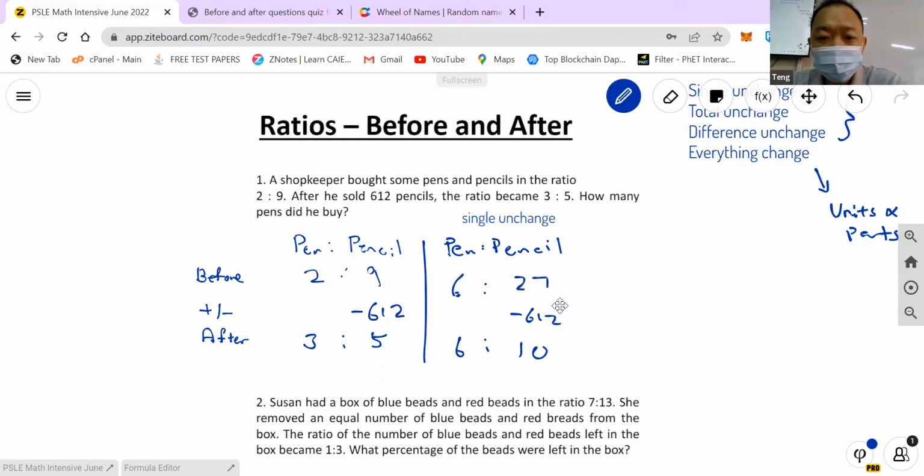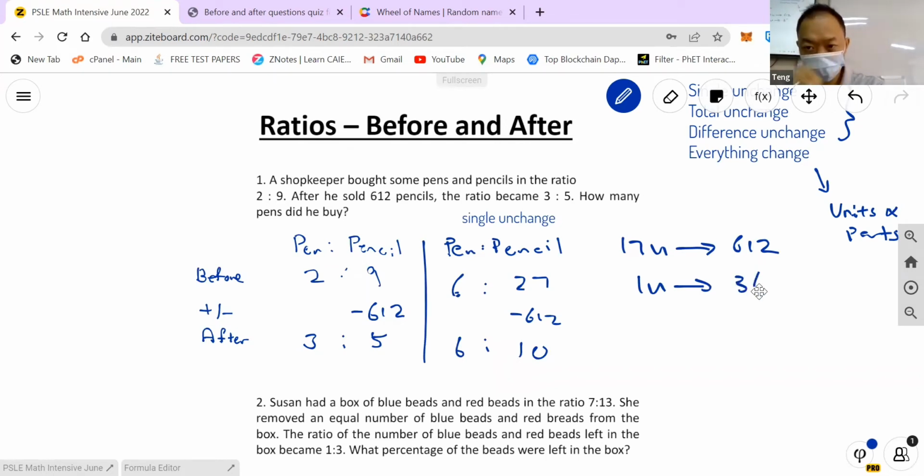Then we can continue with the calculation. 27 take away 10 units is 17 units. 17 units represent 612. So 1 unit is 612 divided by 17, which is 36. How many pens did you buy?